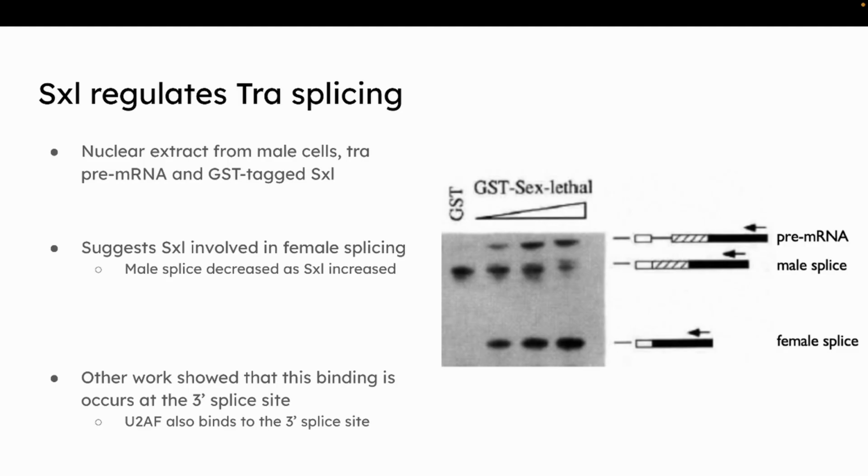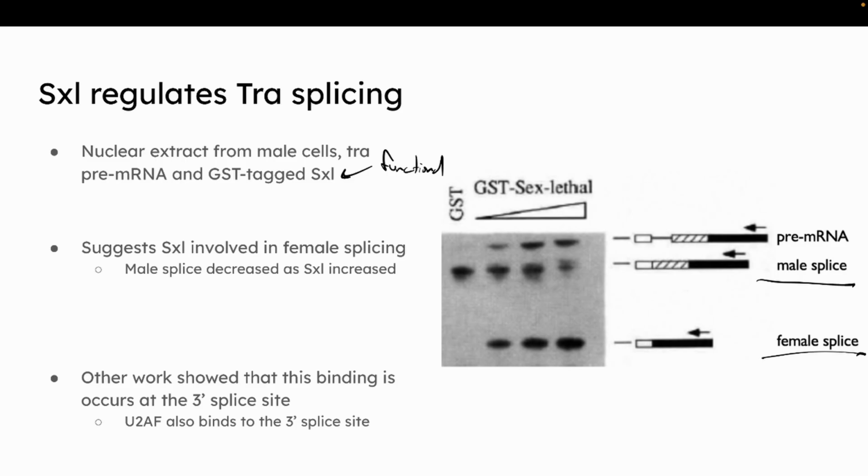But then they also added GST tagged sex lethal, functional sex lethal, I should say, right? And they started off without any, and then they started increasing the concentration, as you can see on the right. And what they saw is that as you add more functional sex lethal, the male splice starts fading away, and then the female splice starts appearing.